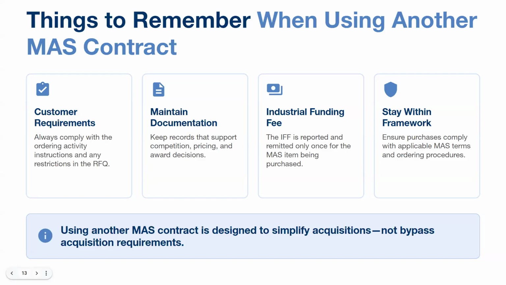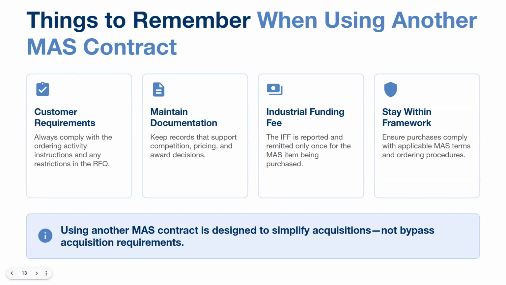Another point that often generates questions involves the Industrial Funding Fee, or IFF. When a MAS contractor purchases products or services from another MAS contractor to fulfill a customer order, you want to make sure the IFF is only paid once. This helps avoid duplicate reporting and ensures the transaction is handled correctly within the MAS program.